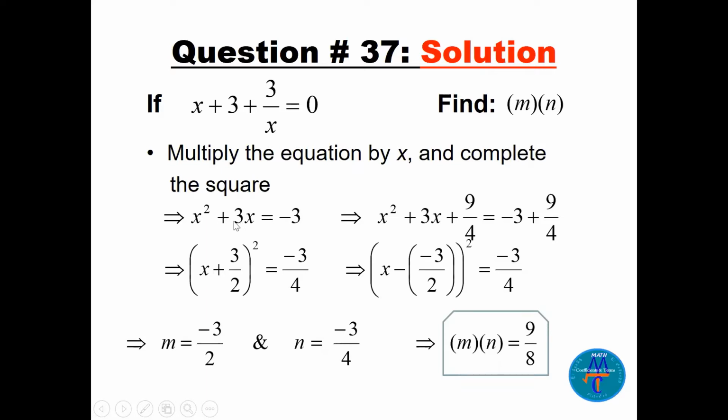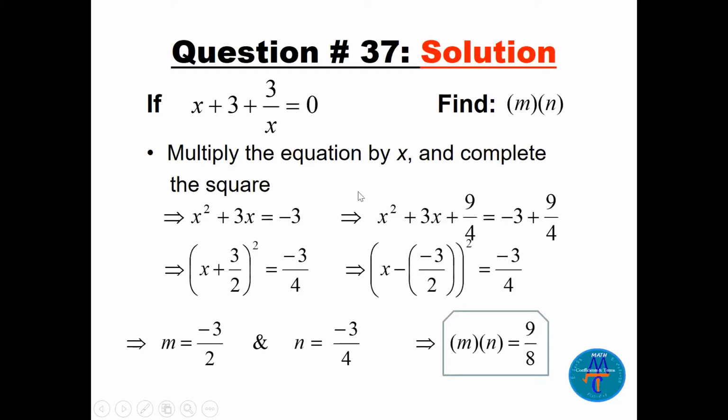The leading coefficient is already 1. I take 3, divide by 2, square it, so 9/4. So I add 9/4 to both sides. Then this will be a perfect square, so (x + 3/2)² = 9/4 minus 3 over 4, so minus 12 plus 9 over 4.